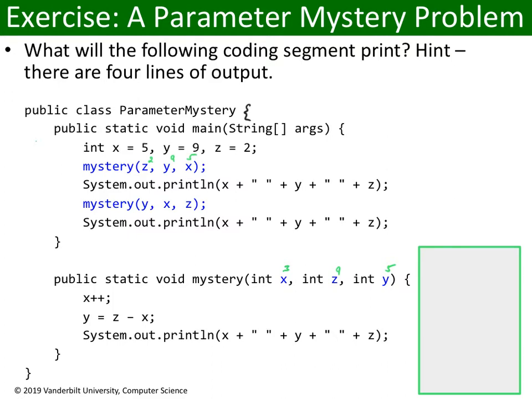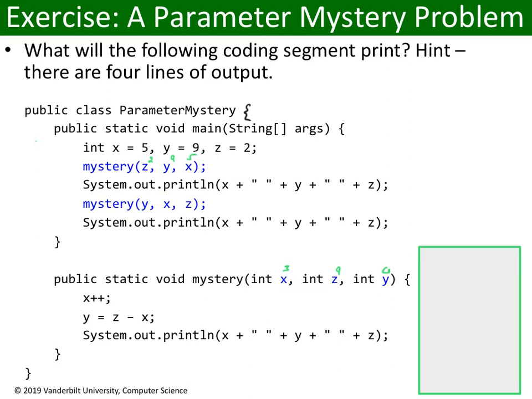So that would be 5 minus 3, which would be, z is 9. So it would be 9 minus 3, which is 6. So y is now the value 6. And then the print line statement will print out 3 space 6 space 9. So we have our first line of output.